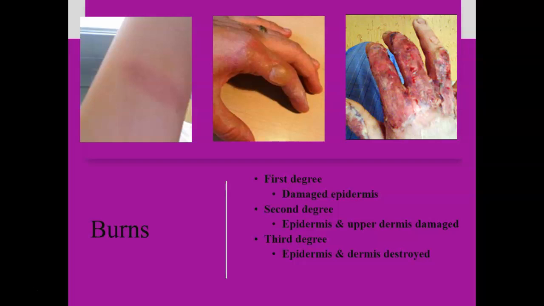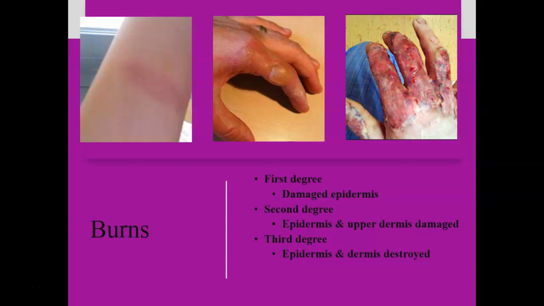Usually the tissue will heal, regenerate from that stratum basale. The dead tissue goes away, right? We're sloughing off the tissue. You may have some peeling in addition to the normal sloughing off. Your second degree burns, as you see here in the center, is a damage to the epidermis and the upper portion of the dermis.